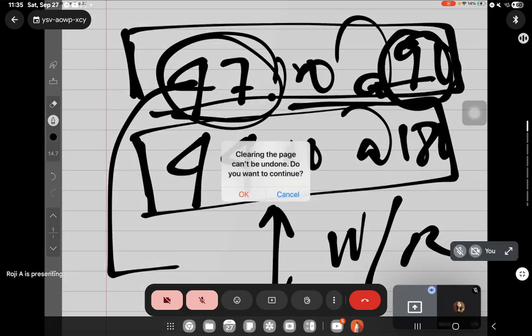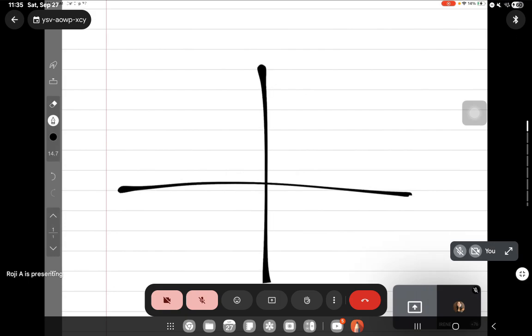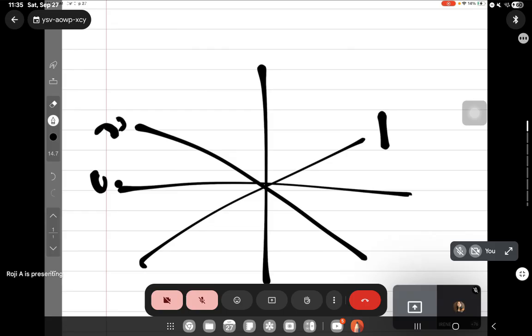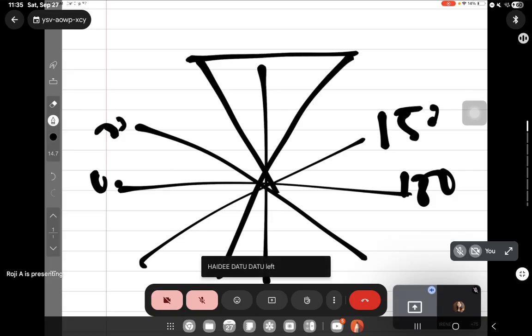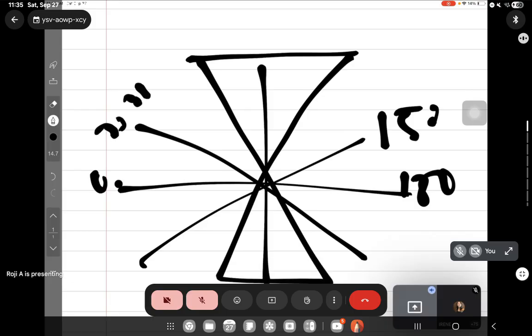Because based on my drawing earlier, this is 0 to 30, 150 to 180. Correct? I have a with the rule, meaning 60 to 120. Then 31 to 59 is oblique.